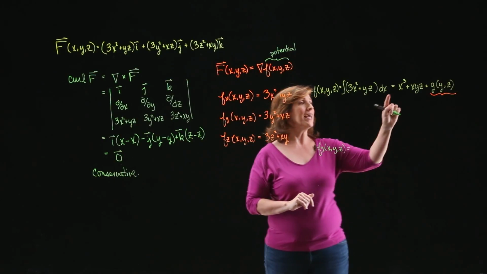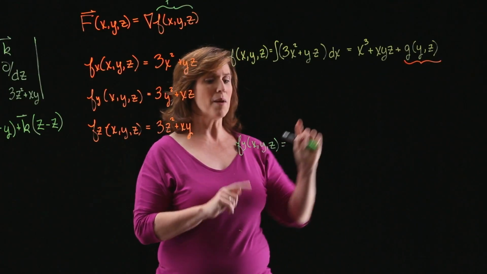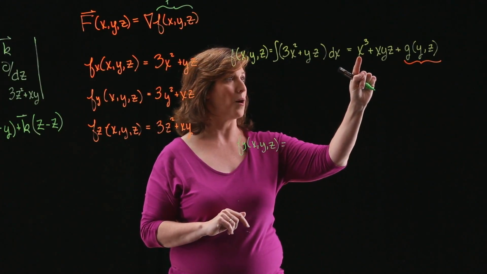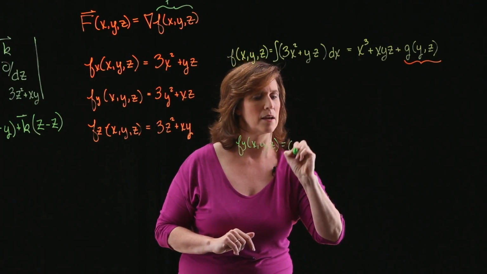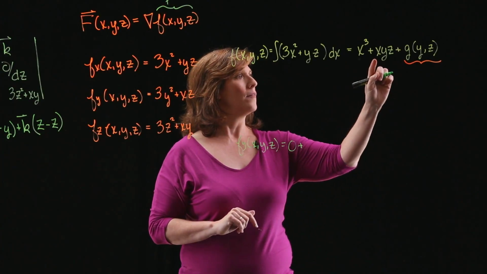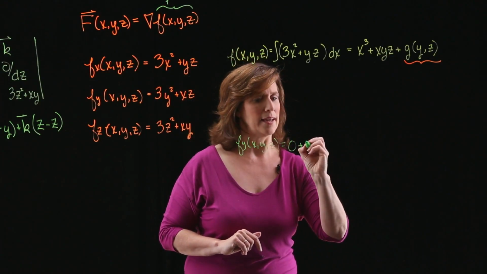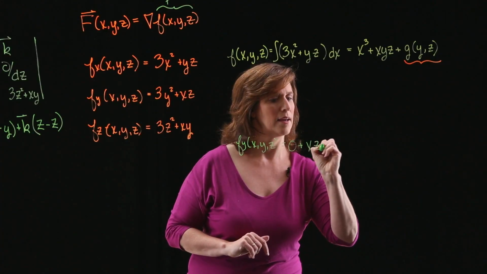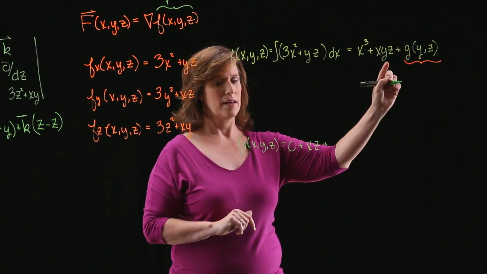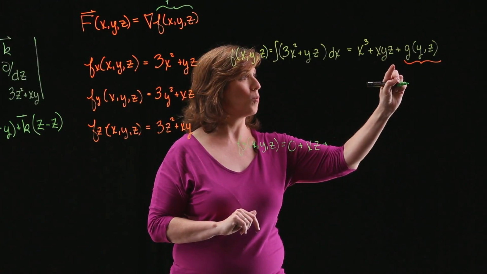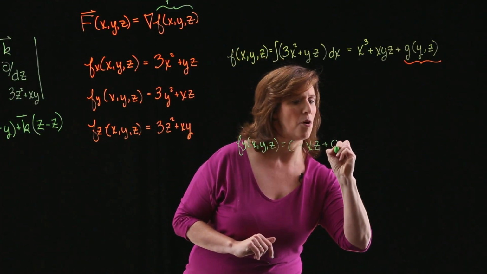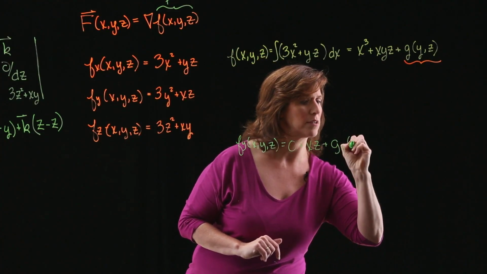Okay. Looking at this, I know my partial with respect to y will be 0 plus xz plus, if I'm taking the partial with respect to y, the partial of g with respect to y.